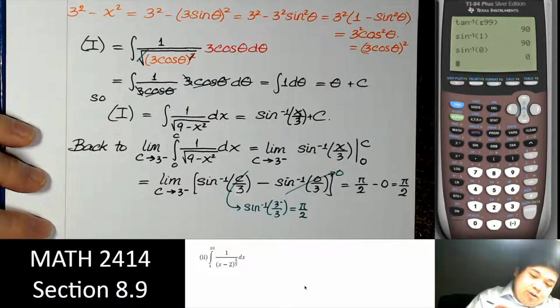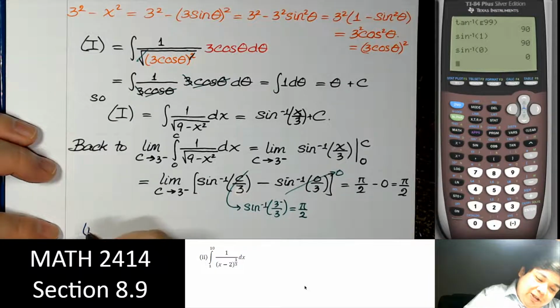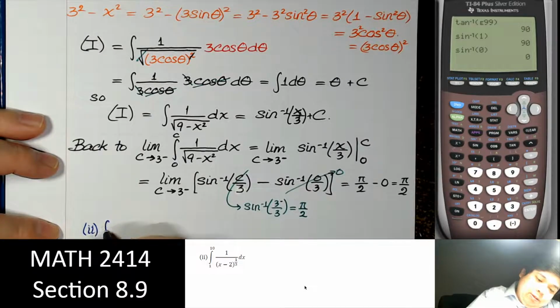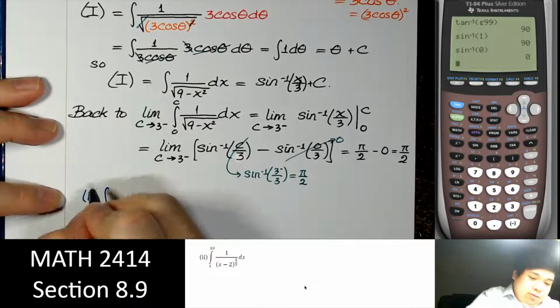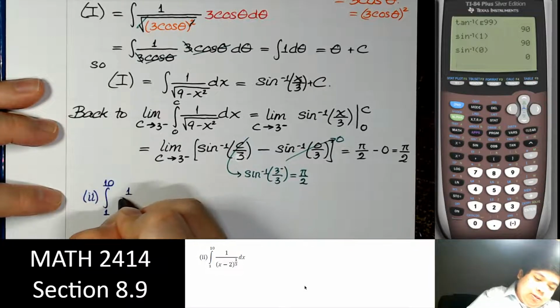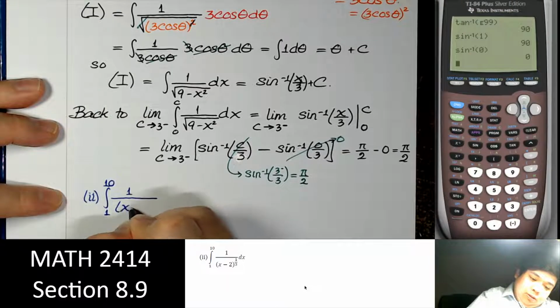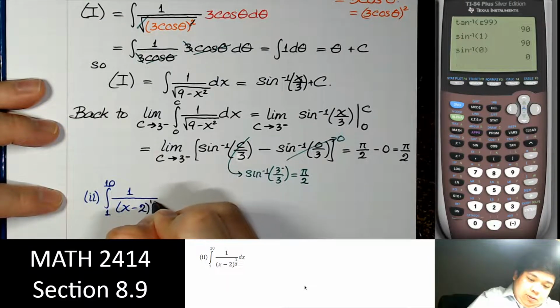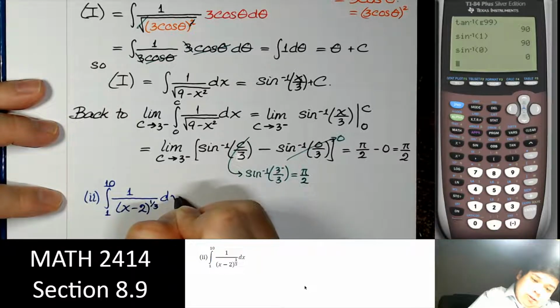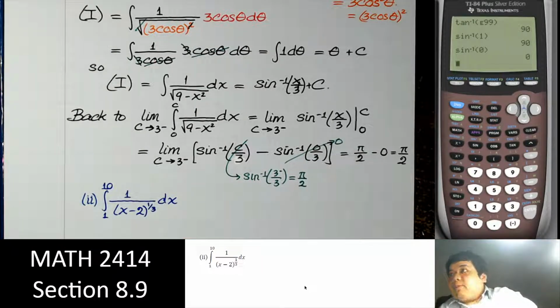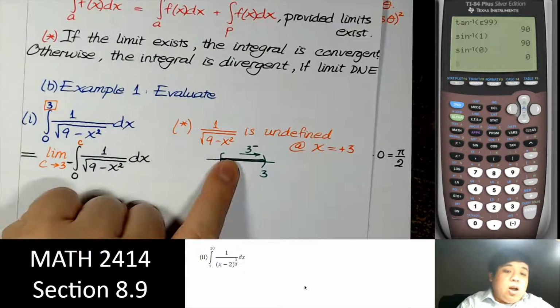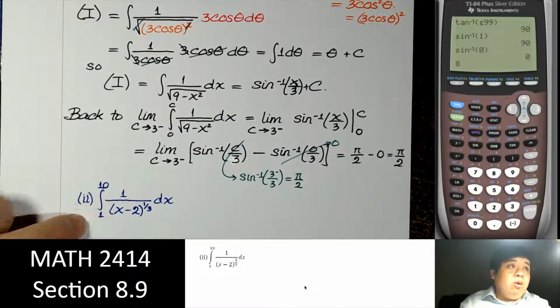Let's go to the next example. Just like what we did earlier, we have to write out what is the problem with the function from 1 to 10.